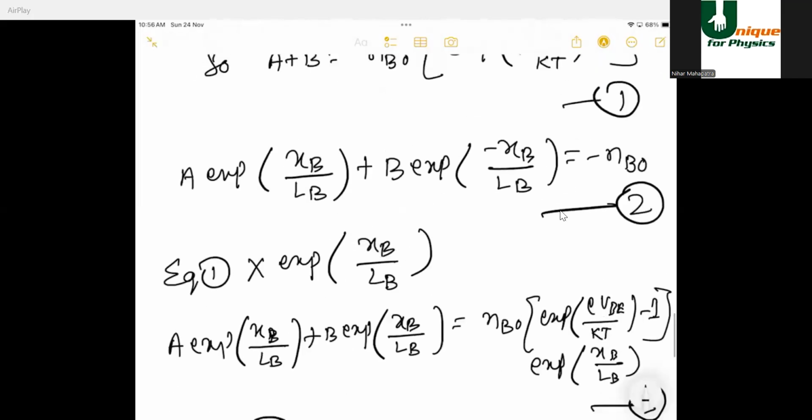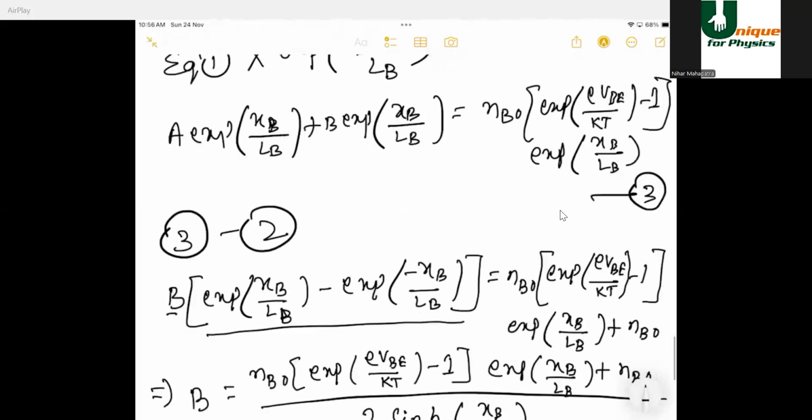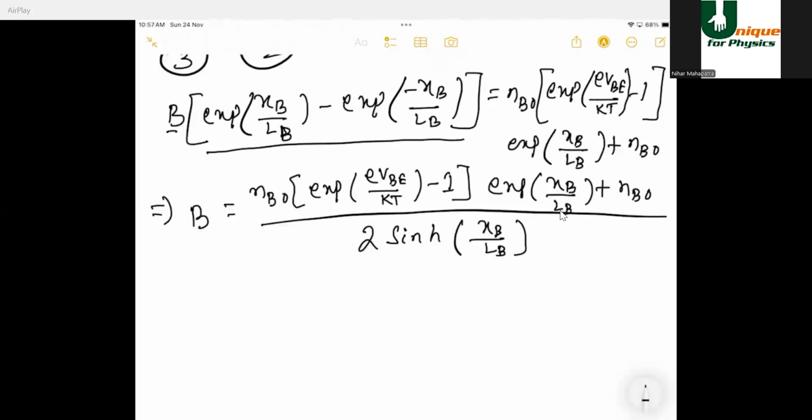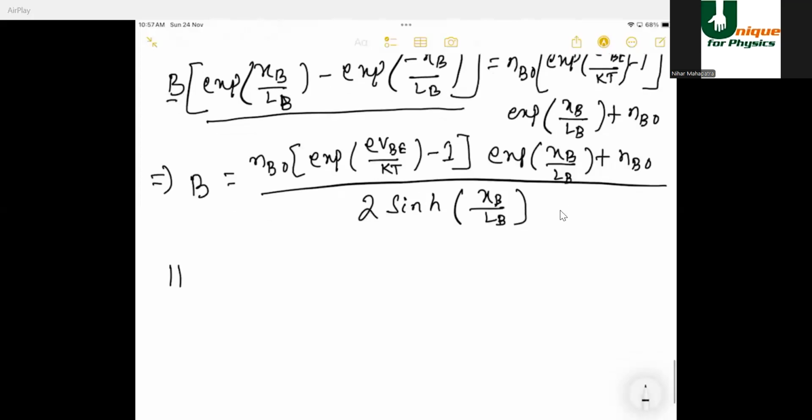So we got the value of B. Exactly the same way we can determine the value of A, by multiplying exponential of minus xb by lb to equation 1, and then again doing the same process of subtracting and making A the subject. I'm not doing it, you can determine it. I'm just writing the value directly.